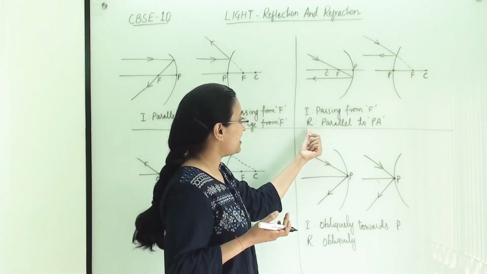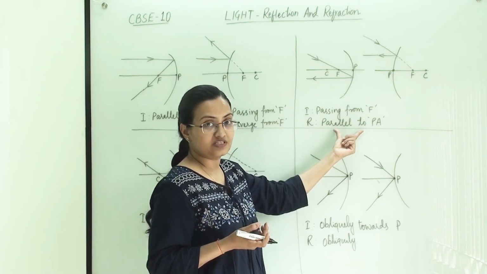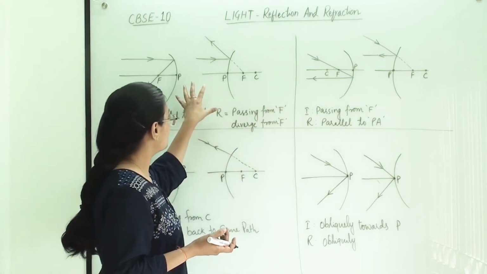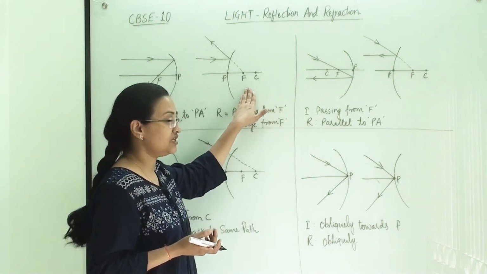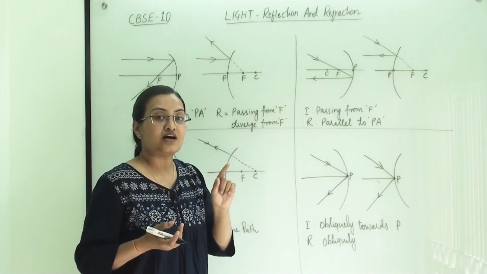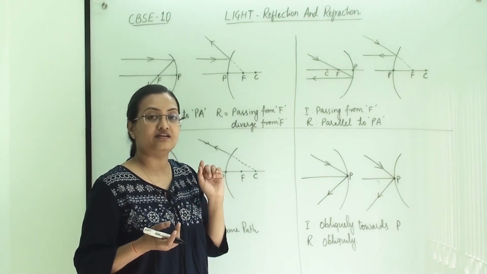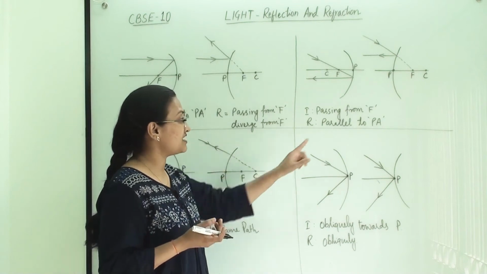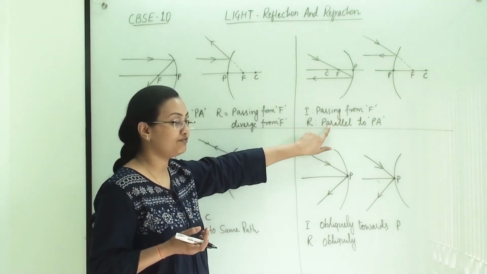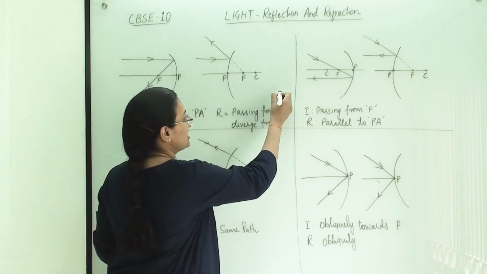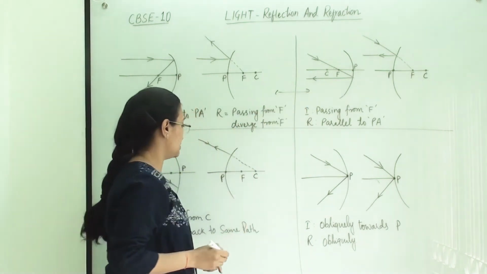Then the reflected ray will be parallel to the principal axis. So these two cases are opposite to each other. When the incident ray is parallel, the reflected ray will pass through F. And when the incident ray is passing through F, the reflected ray will be parallel to the principal axis.